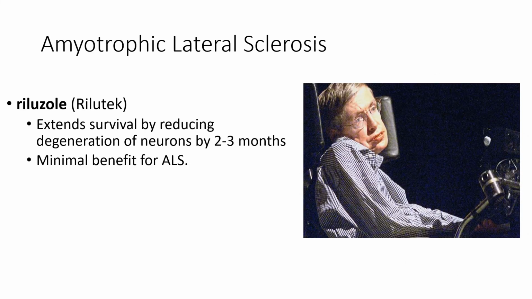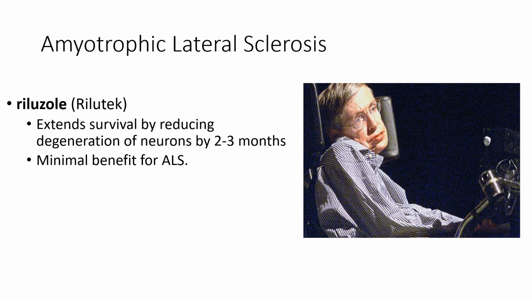Okay, so we'll spend 30 seconds on this medication, Riluzole. And really, it's a medication that isn't very effective at all. There will be no prototype slide on this medication. In one study, it showed a 2 to 3 month extension of life.